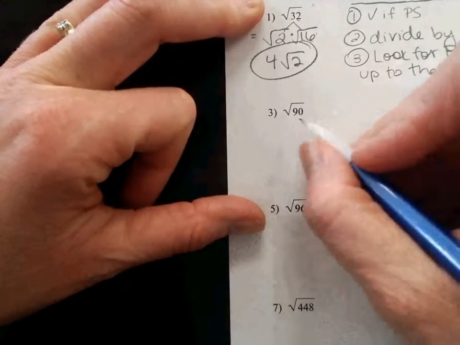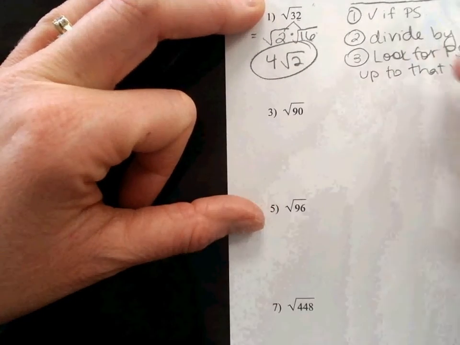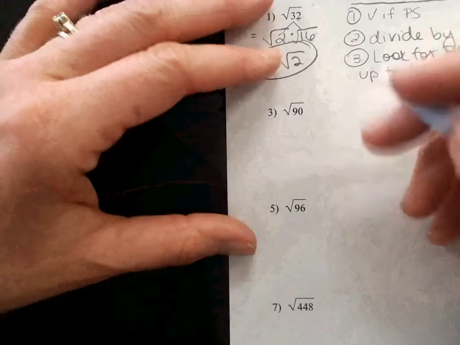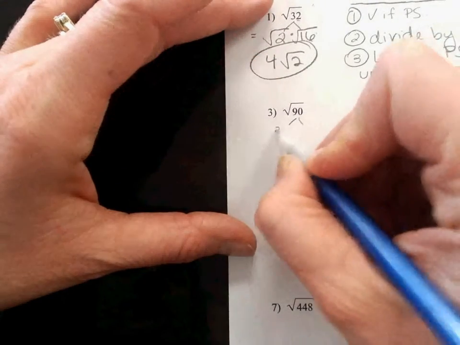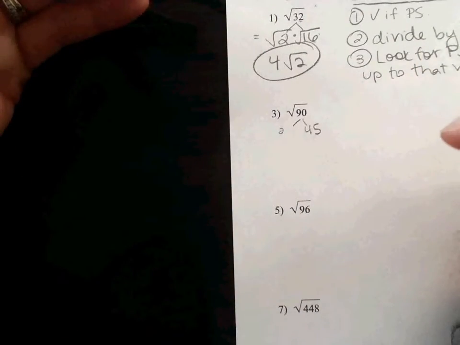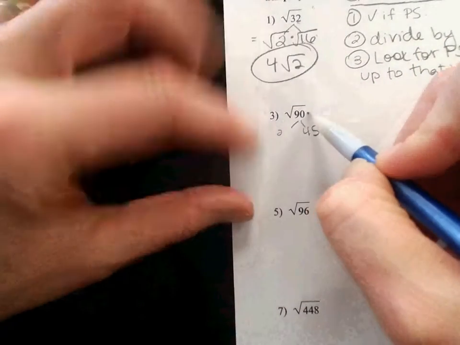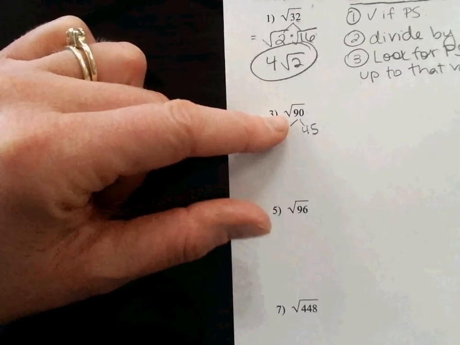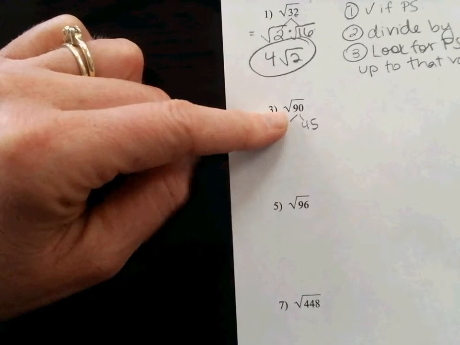So we'll do number 3 using the same method. 90 is not a perfect square, so we divide by 2, and that's 45. So I'm going to look for perfect squares that go into 90 that are 45 or lower. So I'm thinking 36. Does 36 go into 90?